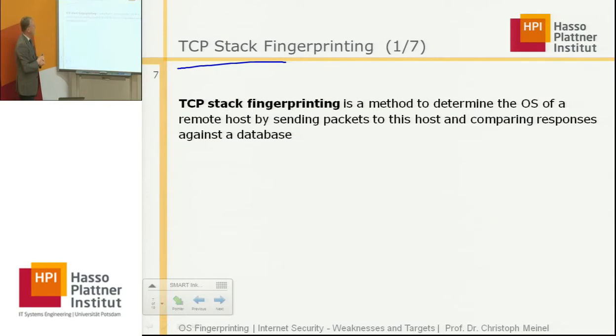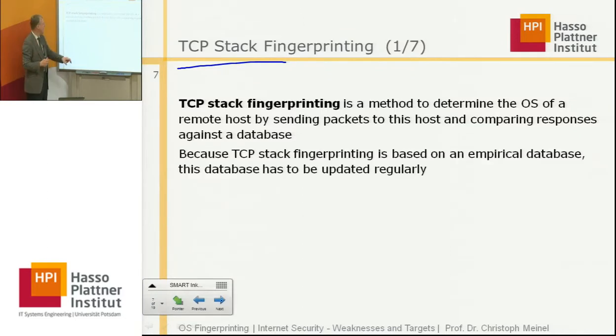So TCP stack fingerprinting is a method to determine the operating system of a remote host on the basis of investigating such small details in the response if a packet is sent. Because this TCP stack fingerprinting is based on an empirical database, this database needs to be updated.